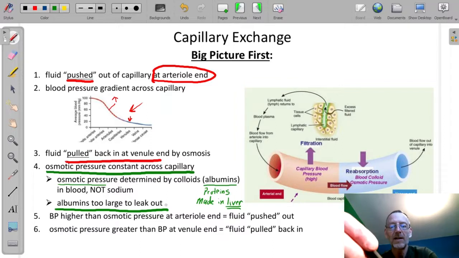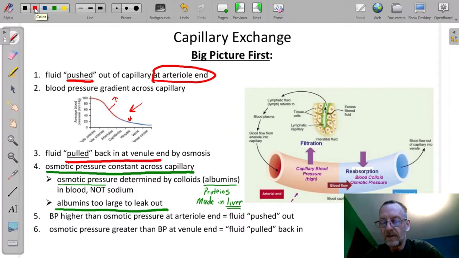Now, when we're talking about osmosis here, it's a little bit different than what we've talked about in the past in Biology 160 or earlier, when we were primarily looking at sodium. Previously, we were looking at osmosis across the cell membrane, which is impermeable to sodium.